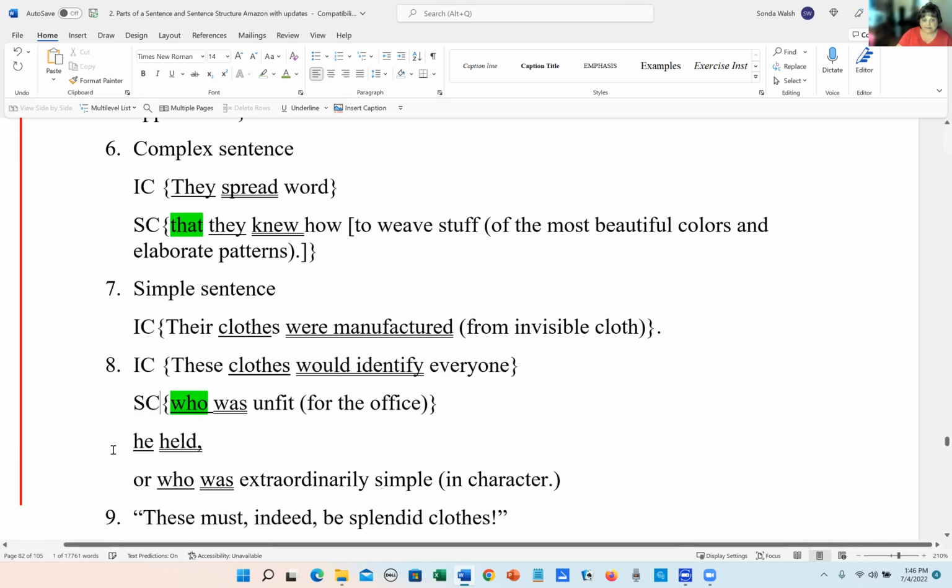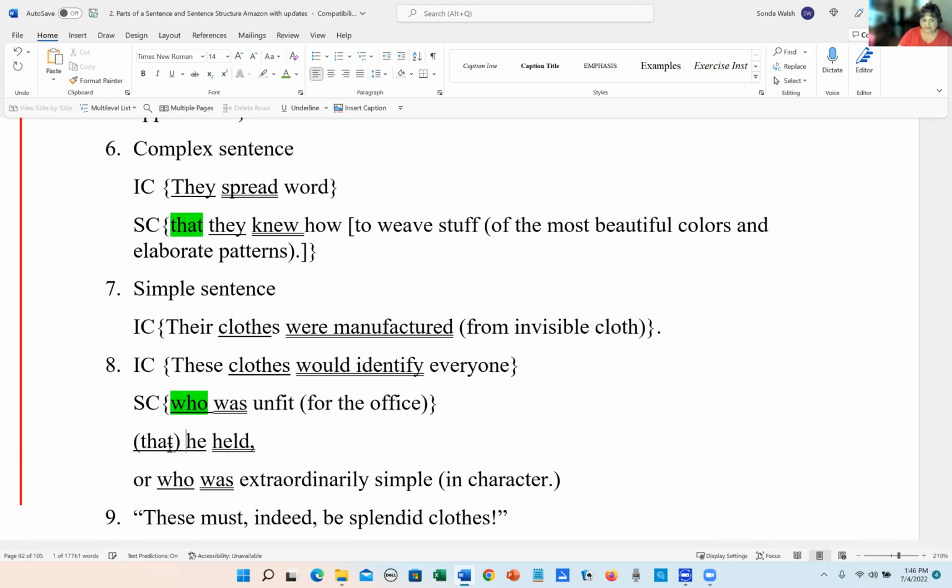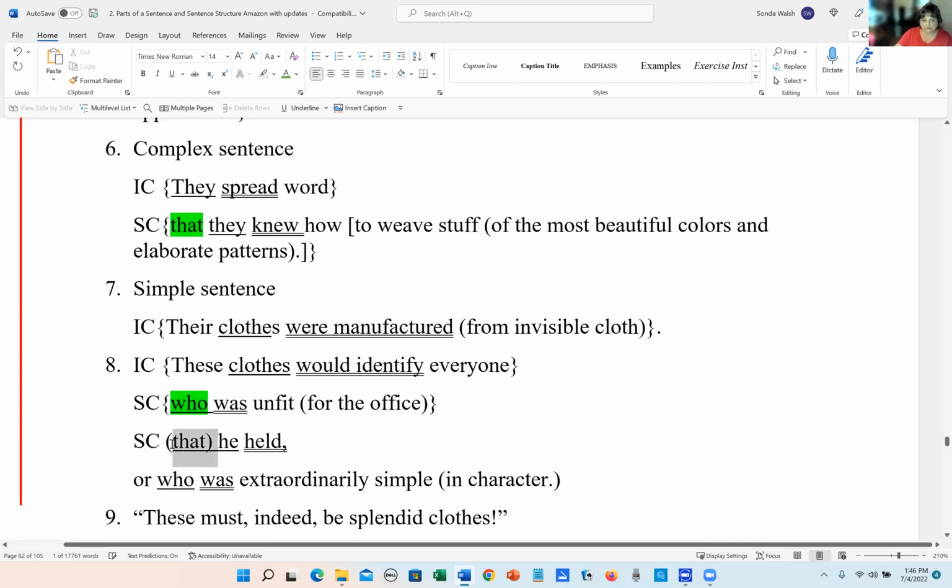Now this one is a little difficult. This has an understood "that," and the only reason you know that is because you just know that. If you just say "who was unfit for the office that he held," it makes sense. So it's a subordinate clause because it has an understood relative pronoun.